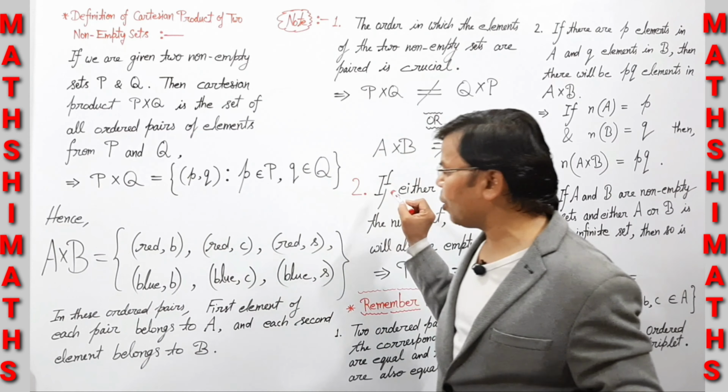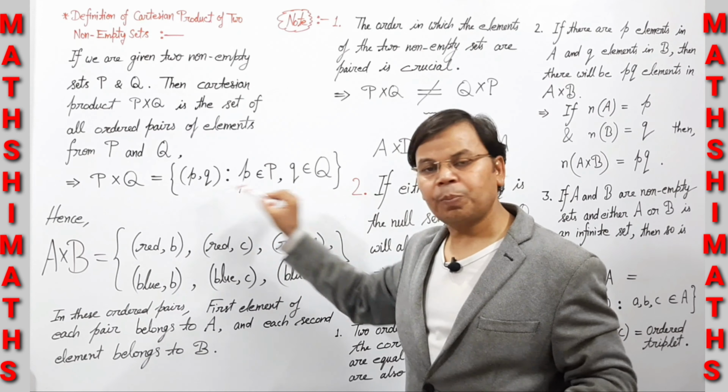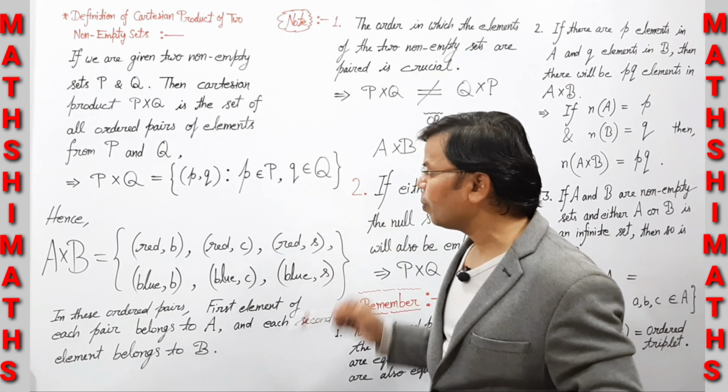And in set builder form, we write the Cartesian product of two sets like this.